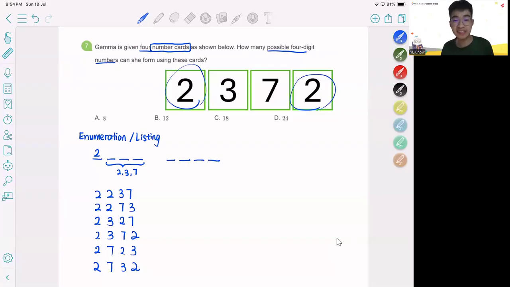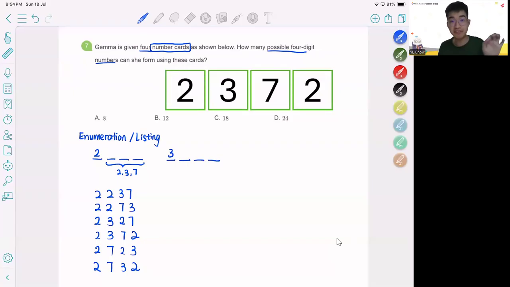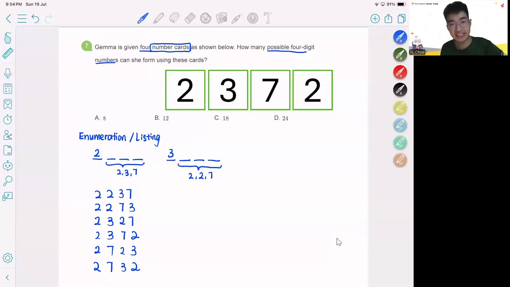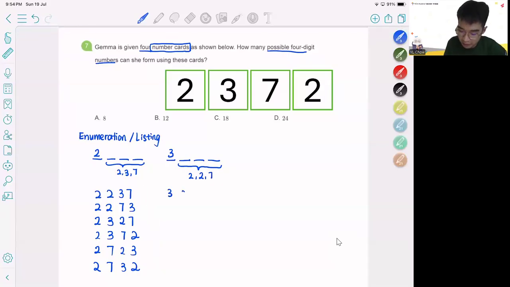So the next consideration is to pick 3 as my thousands place. If 3 is the digit at the thousands place, I will be left with 2, 2, 7. You might think there are six numbers that we can form, like previously. But if you list in order, you will get 3, 2, 2, 7. Then the next one will be 3, 2, 7, 2.